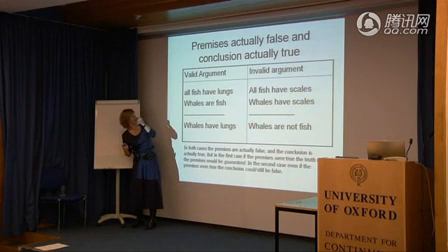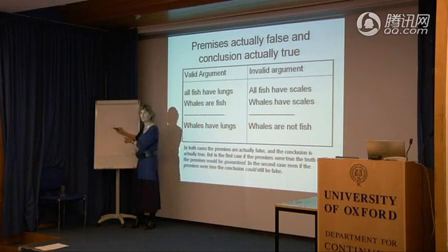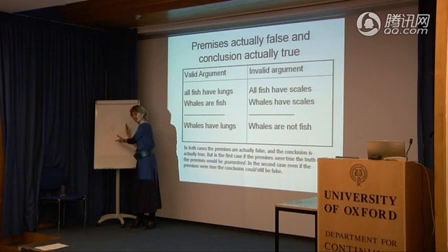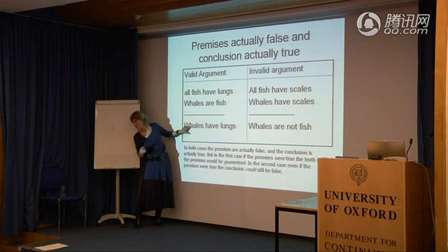All fish have lungs. Whales are... Oh, yeah, whales are fish. It's got to be there, hasn't it? And if it's there, what's got to be the case? It's got to have lungs, hasn't it? So if those two are true, that's got to be true. Accept that? Yeah.